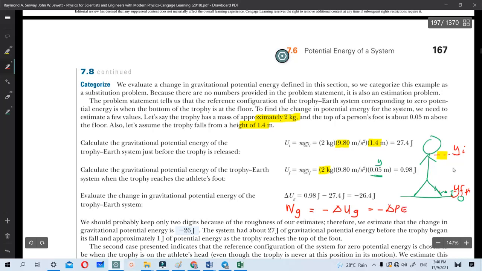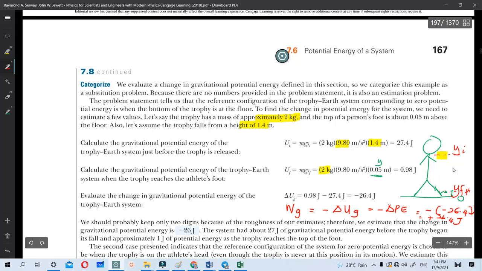So you will find that the answer is now negative 26.4 joule, so positive 26.4 joule. Since it's a positive number, you will find that the trophy will experience larger velocity by the time hitting his foot.